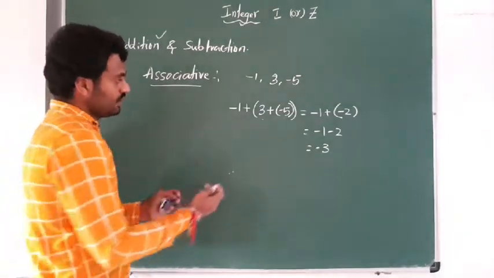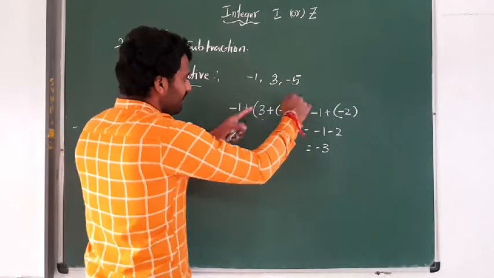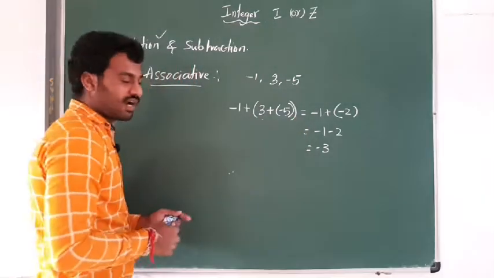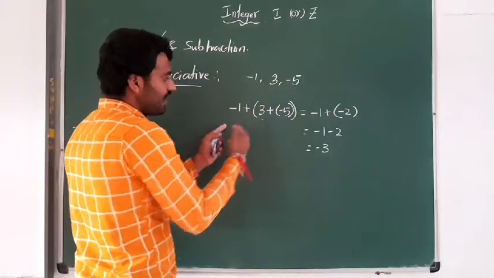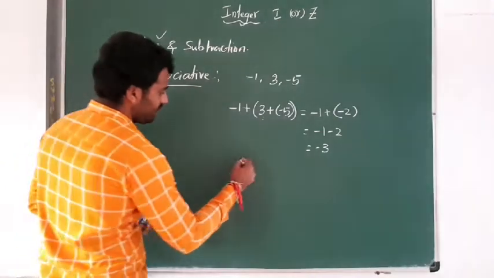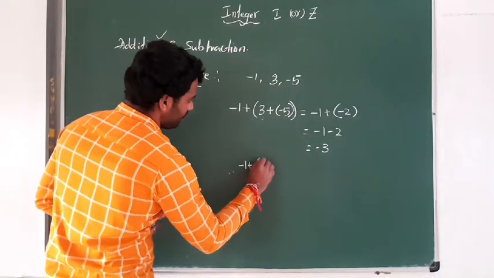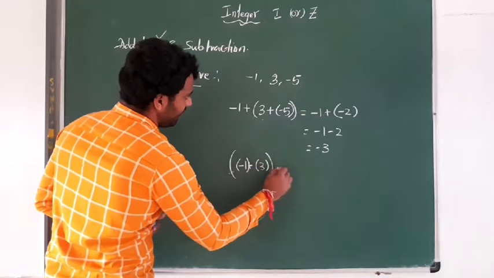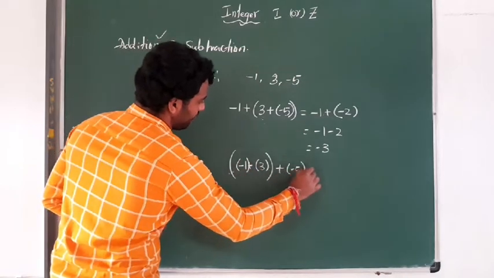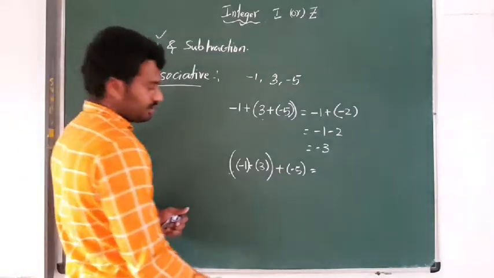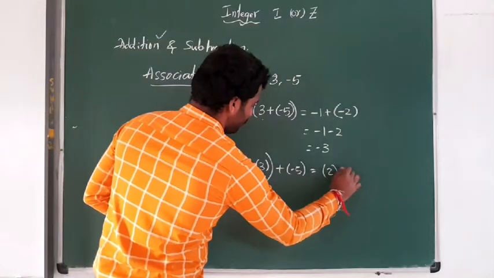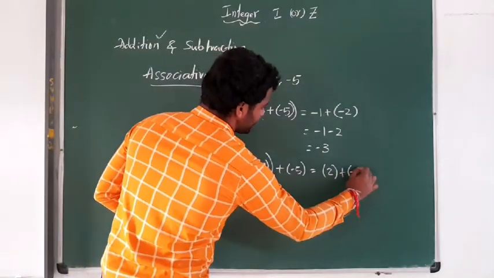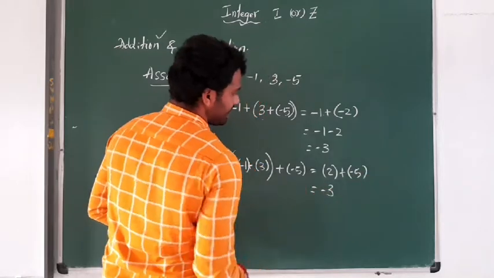So what I will do now, see, second and third number I have taken as one pair. Now first and second number I will take as one pair. So -1 plus of 3, then that pair plus of -5. Clear or not? So what do you get? 2 plus of -5 is equals to -3.